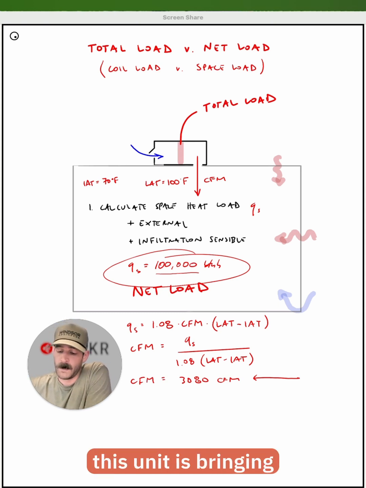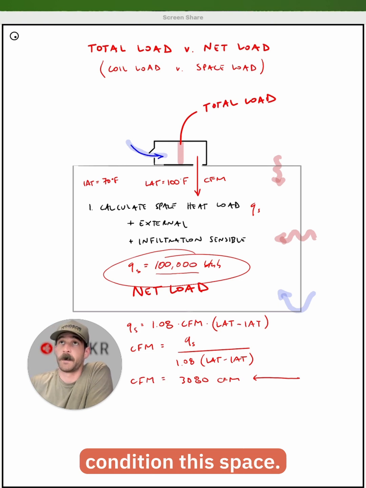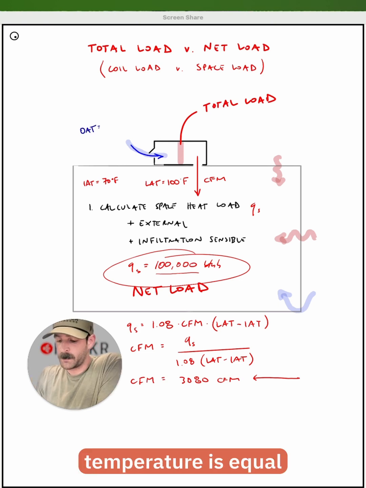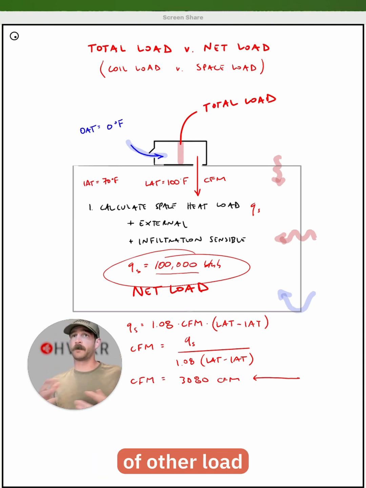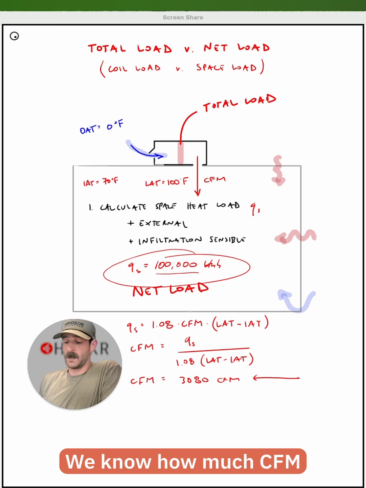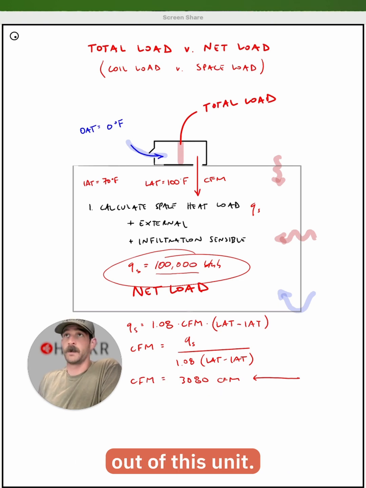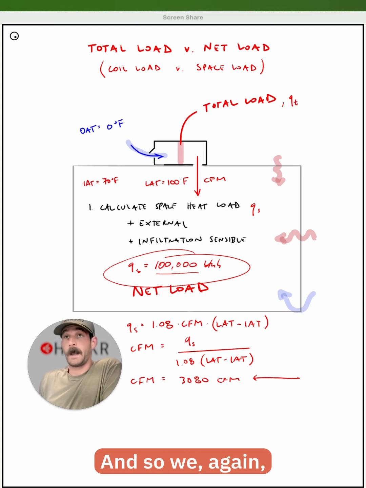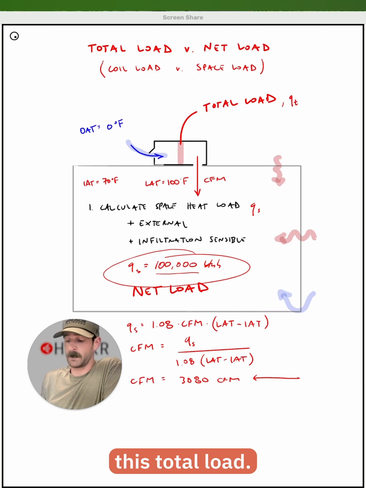For this example, this unit is bringing in 100% outside air to condition this space. And let's say the outside air temperature is equal to 0 degrees Fahrenheit. We actually don't have to do a bunch of other load calculations to get to the total load. We already have all the information we need. We know how much CFM, 3080, needs to come out of this unit. We know what temperature that airflow needs to be at, 100 degrees Fahrenheit. And so we, again, can use the simplified heat load equation to calculate this total load.